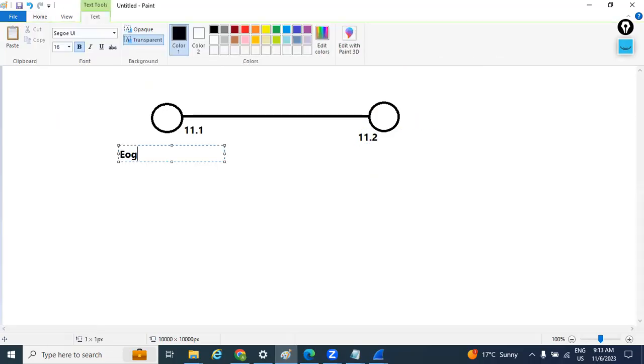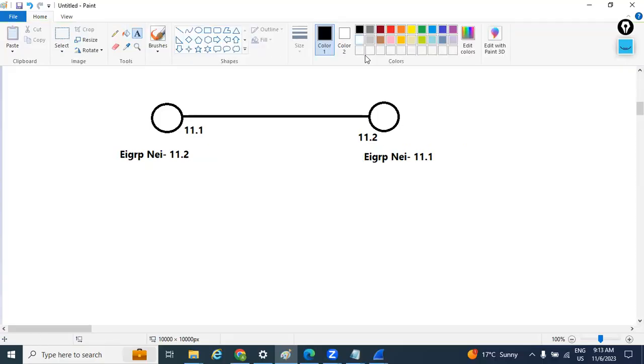Here my EIGRP neighbor is 11.2, and here my EIGRP neighbor is 11.1. When we talk about EIGRP, after every 5 seconds, what is the hello timer in EIGRP, guys? 5 seconds. After every 5 seconds, both devices exchange hello messages.